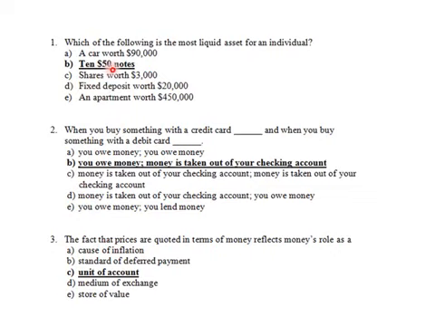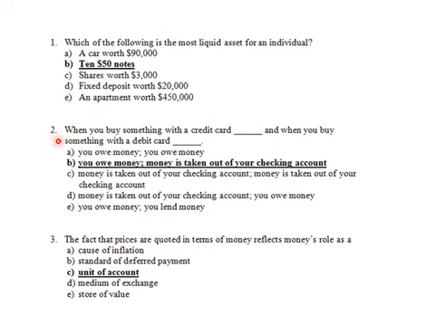For all the other options, you must either sell or wait, wait until your fixed deposit is due, or wait to sell your apartment and do a lot of procedures before you get the value out. So the most liquid asset is the one you can exchange for goods and services directly and most quickly without delay. So it's actual cash.